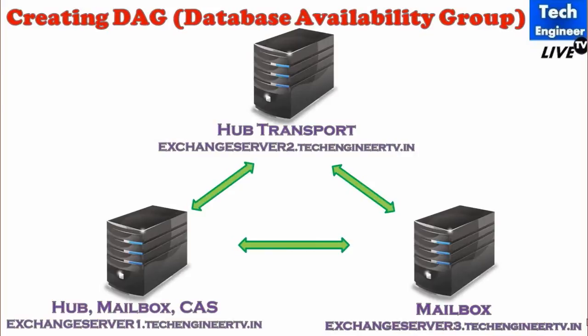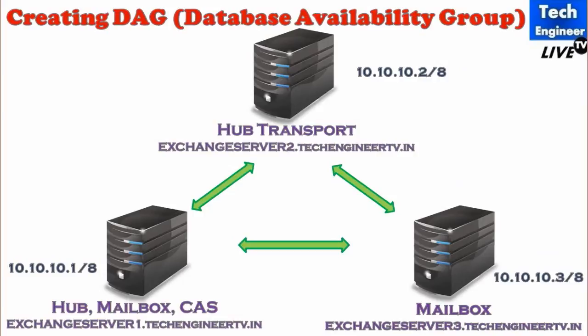The IP addresses we are using on the three Exchange servers are as follows. The server with hub, mailbox, and client access server roles has the IP address 10.10.10.1.